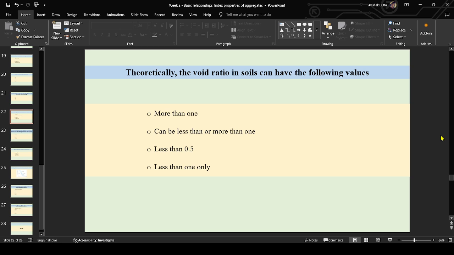Practically, it will be difficult to find such soils in natural state. If you are taking a soil sample in a confined system in the lab, that is a different thing. But I say theoretically because in natural state, that kind of scenario might be difficult to find. Yes, it is rare.